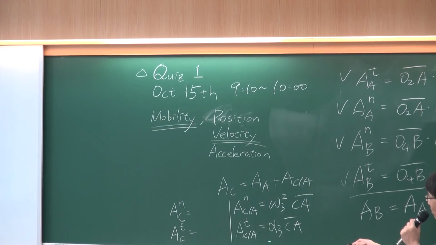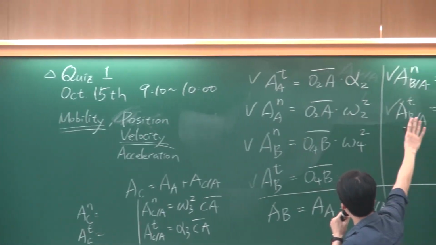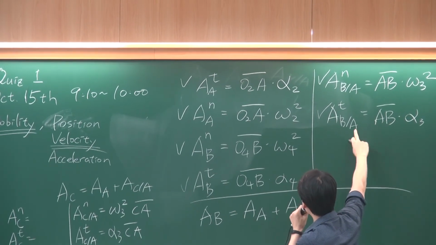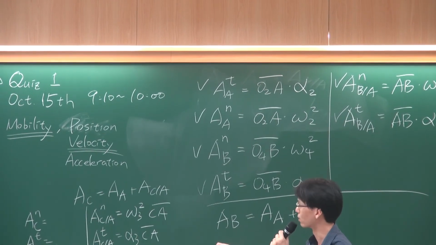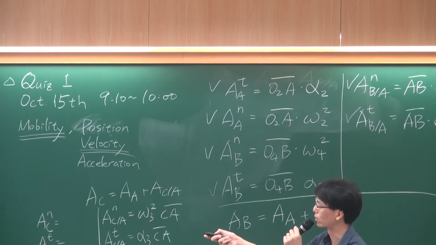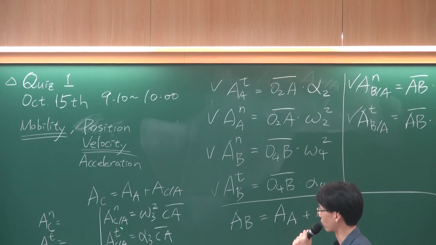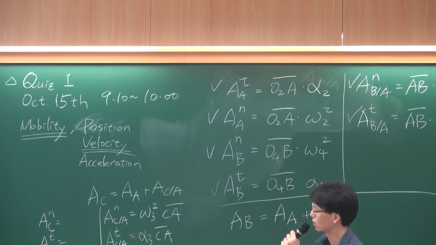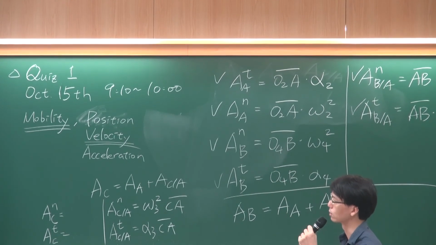And also the tangent component of ACA: from the previous step, once we find point B, we can obtain this one, then we can find alpha 3. So we apply the result from the previous slides, alpha 3, into this expression, then we can find the ACA tangent component. So I can just draw it here, and the direction is perpendicular to this one.